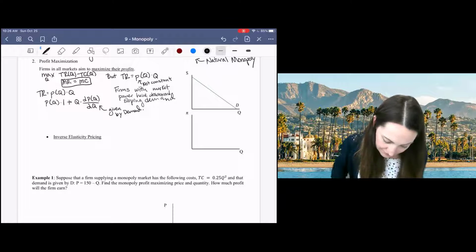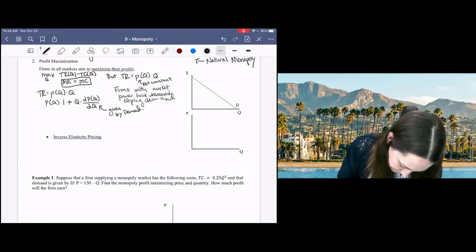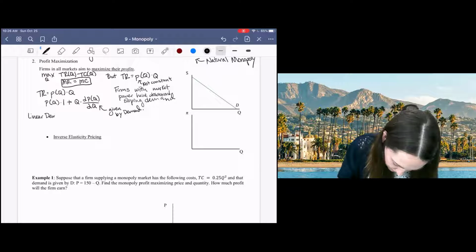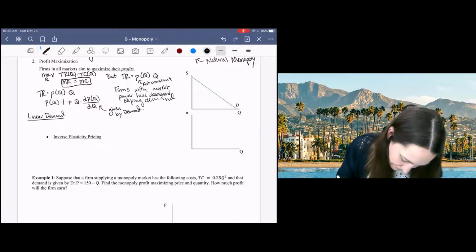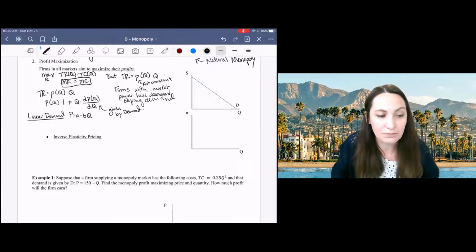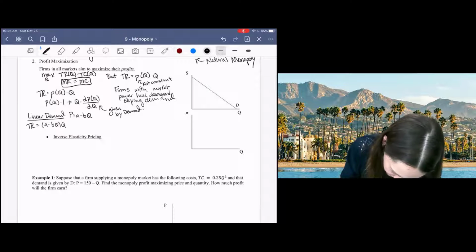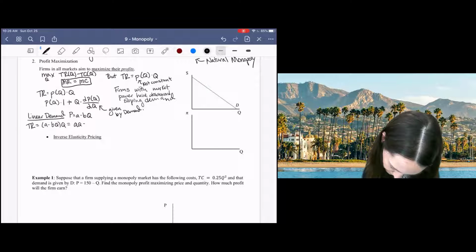So for linear demand, you'll remember from your intro class, if we assume a linear demand curve, A minus BQ, then my total revenue, price times quantity, would be A minus BQ times Q, or AQ minus BQ squared.